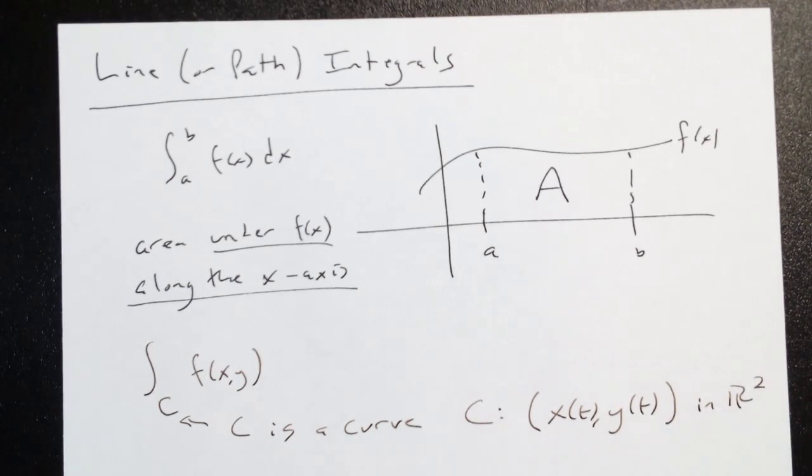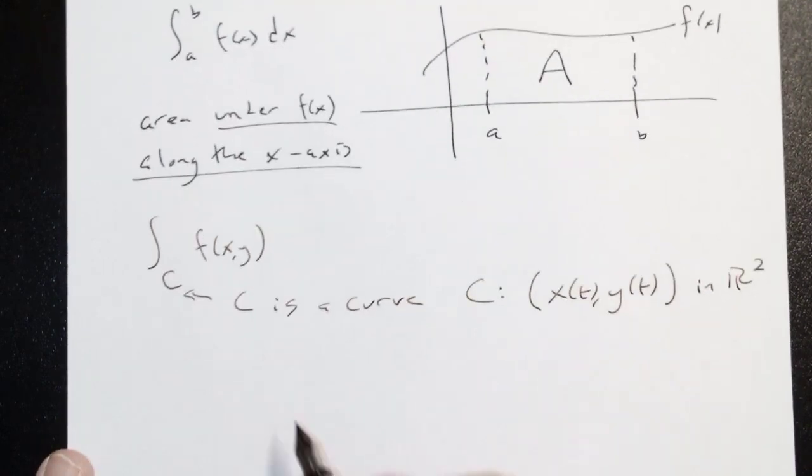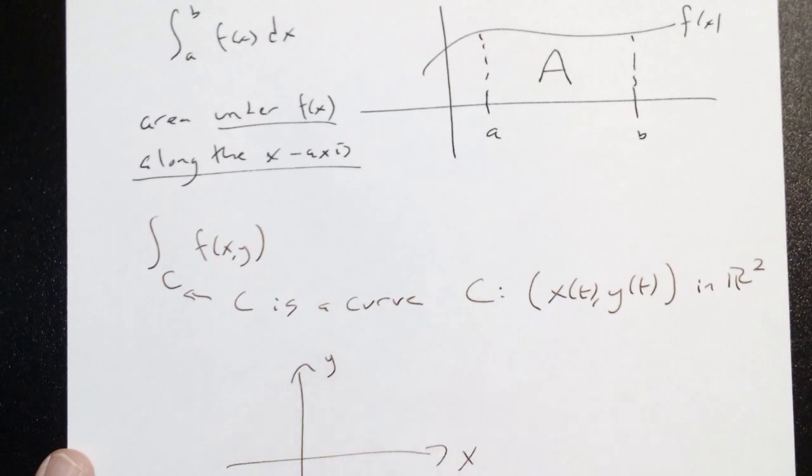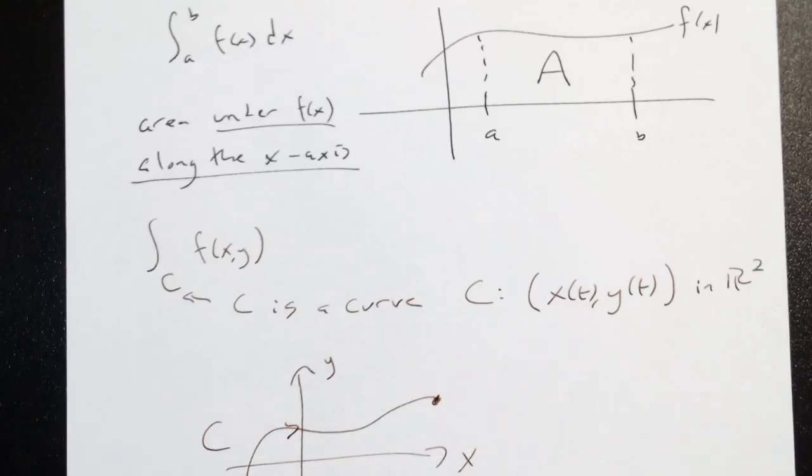So instead of writing the integral from A to B, I'm going to write the integral and then I'm going to write it over C. So there's just a subscript C on here. And that means along some curve. So this time, here's C. Now I'm deliberately drawing something.